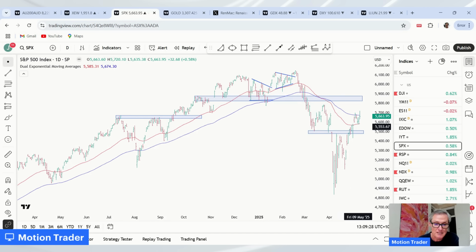Another point is the S&P 500 has recovered more than 50% of its losses. From the high to the low, 50% of the way back coincides with this resistance. It was resistance, now support, around 5,500. That's a 50% marker, and we're above there.